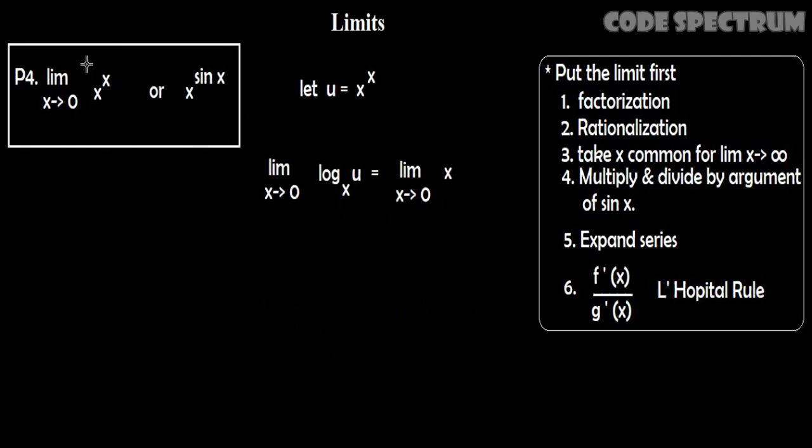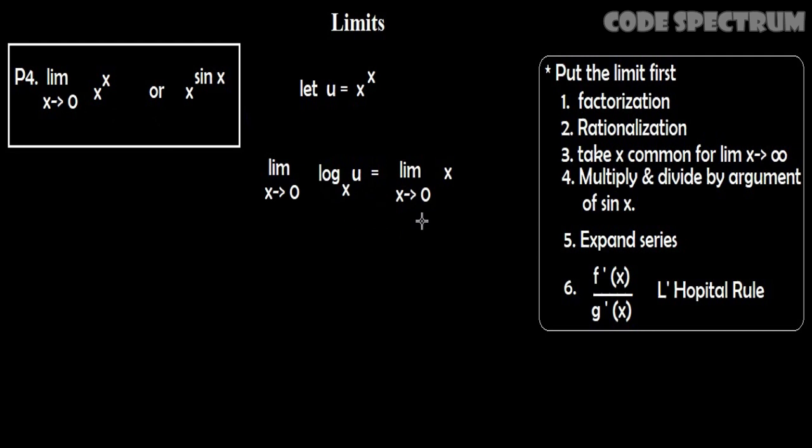Here if we talk about this problem, we will let u equals to x power x, and take the log on both sides, and the log should be of base x because it is of x, and in the previous case it was e power 10x, so we used the log base e.